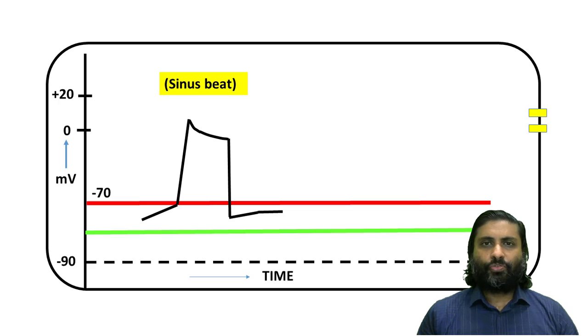Now, because phase 4 is so close to the threshold potential, the cell is highly excitable, and it may so happen that oscillating depolarizing currents may develop in phase 4 of the action potential after the administration of digoxin.